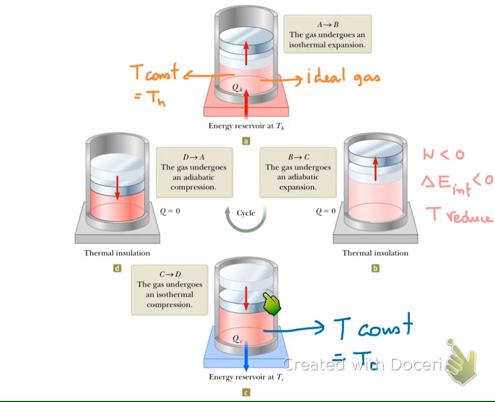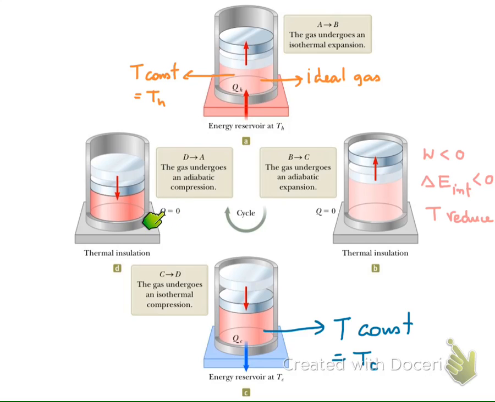Once the volume of the gas reaches some value, we take away the low temperature reservoir and seal the system again and make further compression under the adiabatic process, that is, Q is equal to 0.